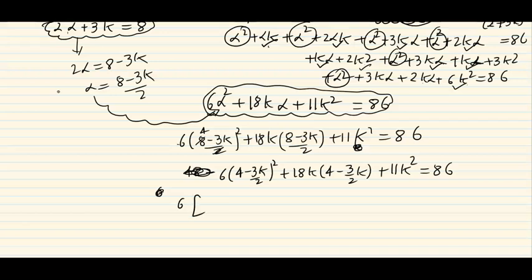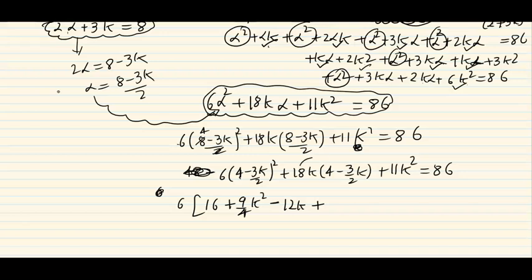Now we need to expand this, so if you expand it, it should be 16 plus 9 over 4 k square, and you multiply 2 times 4 is 8 times 3 is 24, 24 divided by 2, that is 12k. Now is that fine?